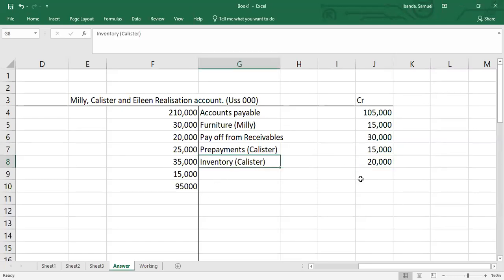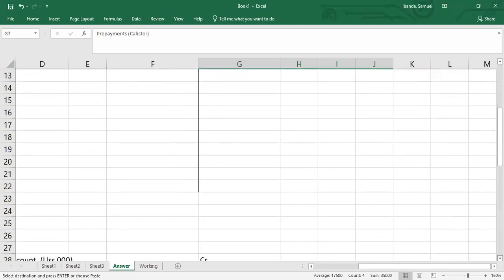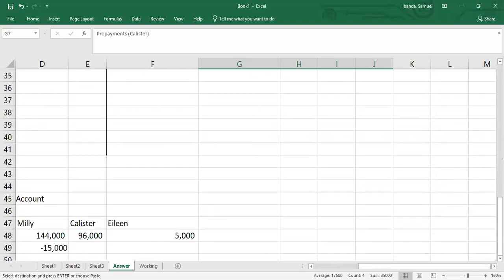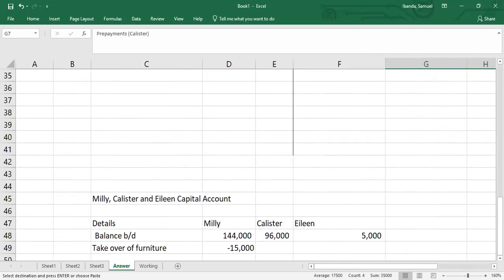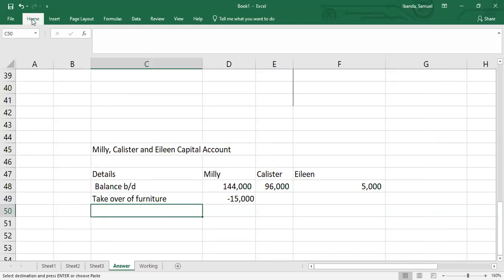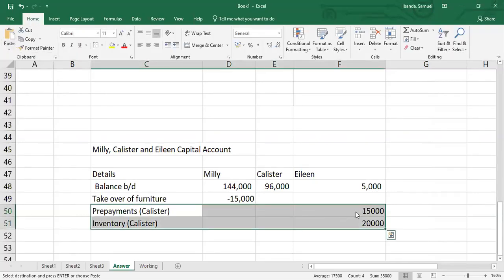So what this means is that I'll still go to the capital account and make sure that I take effect of this, so I'm able to recognize this. So I'm going to make them negative under whose column?